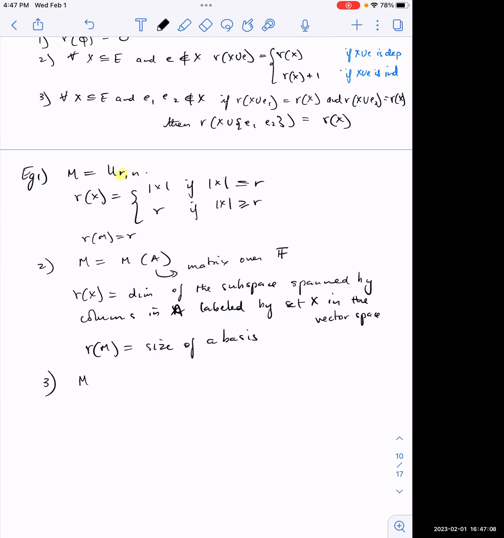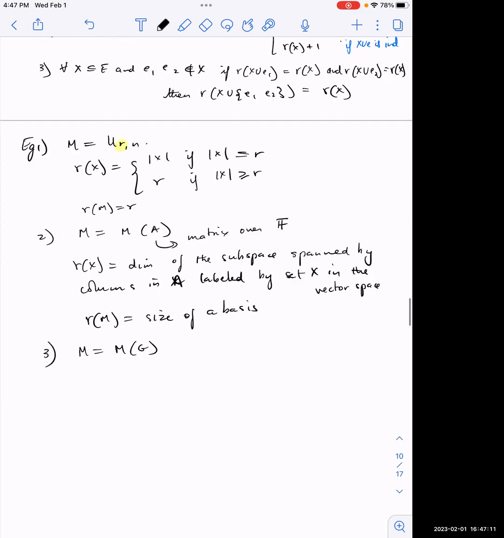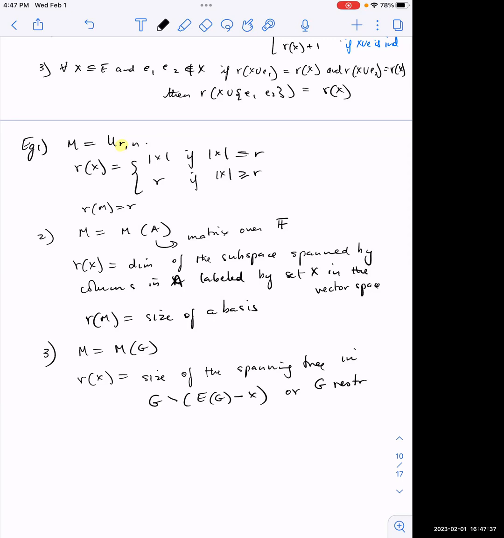So here M is a graph and r of X is just the size of the spanning tree in G restricted to X, that is, G delete E of G minus X. We use the word restricted to X, which is easier to say.